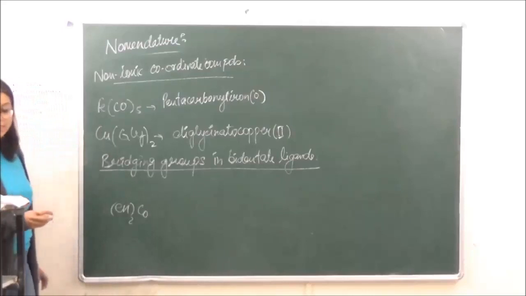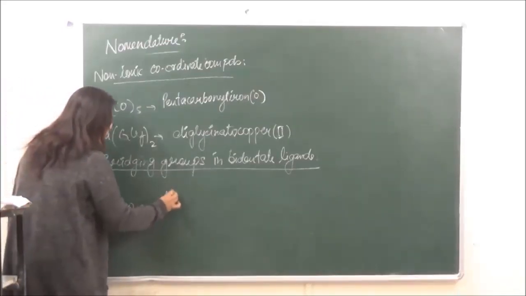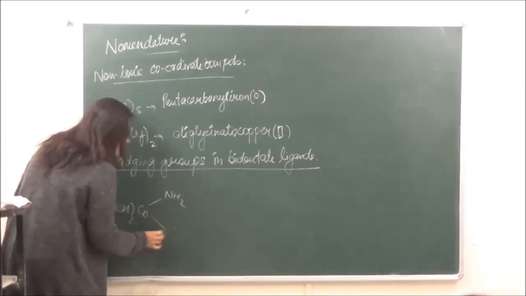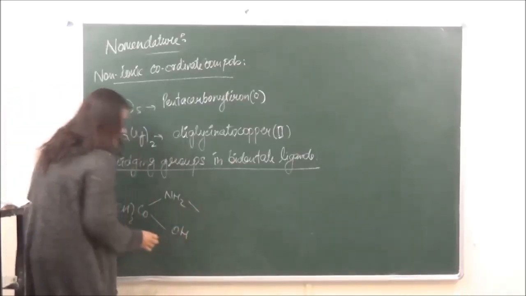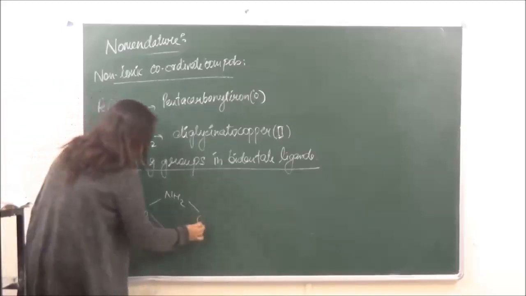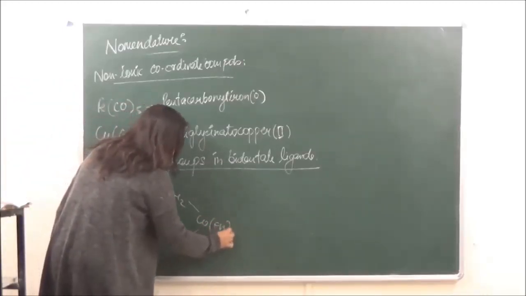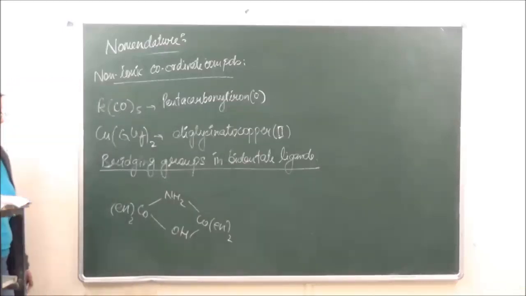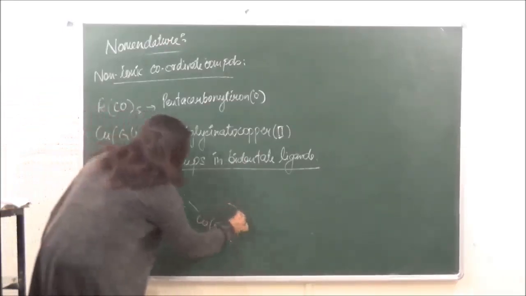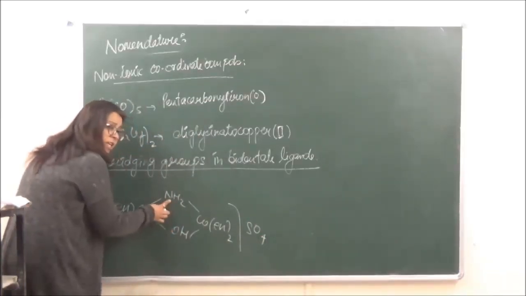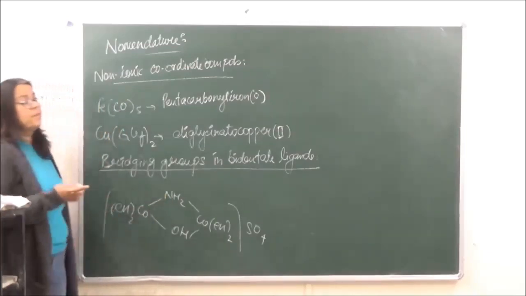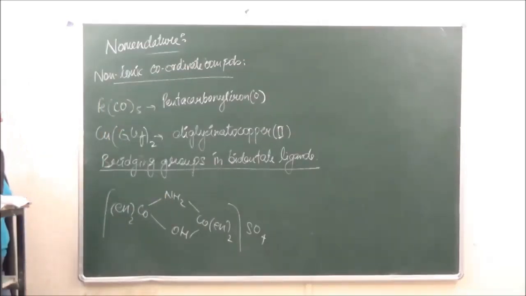We have cobalt, and then we have two ligands which are bridging between two different metals. Okay, so over here, how are we going to name this? This is our compound, sulfate. These are known as bridging ligands. So in front of a bridging ligand, we are going to use a prefix mu, right?